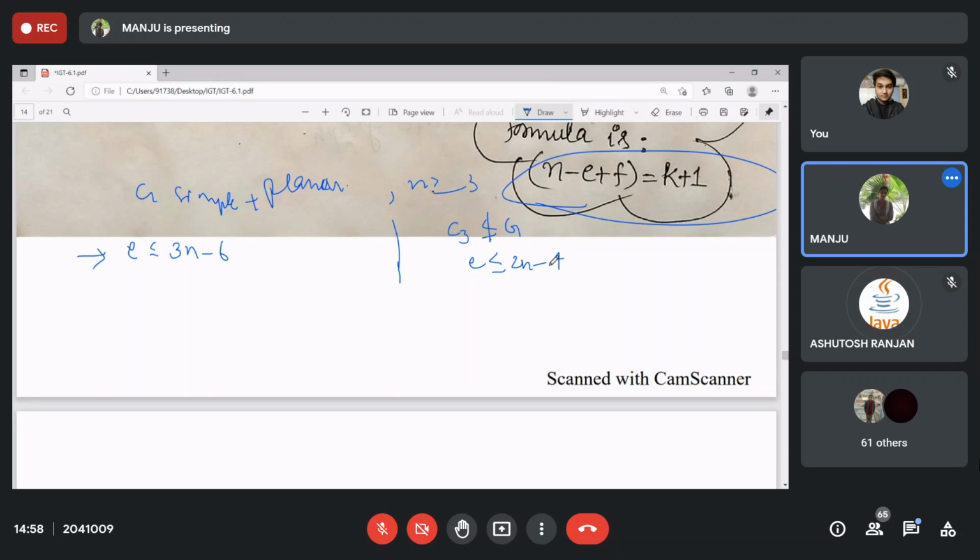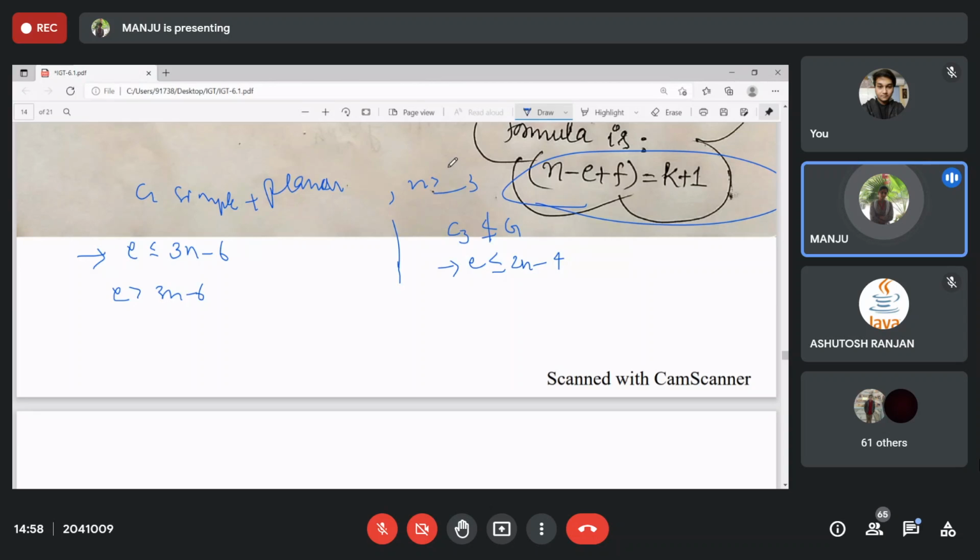Yes. Yeah. This is P implies Q, and this is P up to here and implies Q, triangle free. Yeah. If this is not, that means E is strictly greater than 3n minus 6. Then what can you say about G? Either G is not simple, or G is not planar, or N is less than 3.